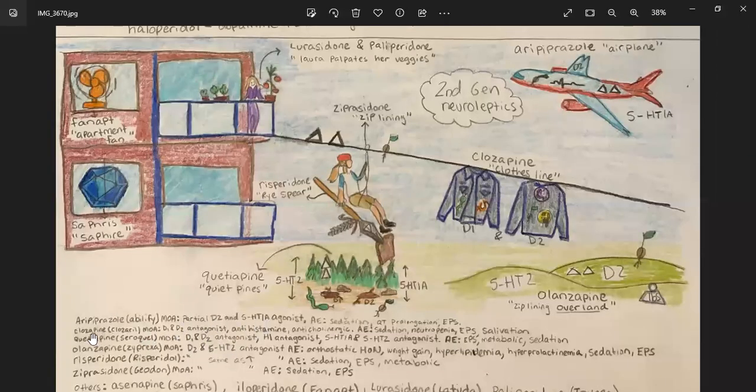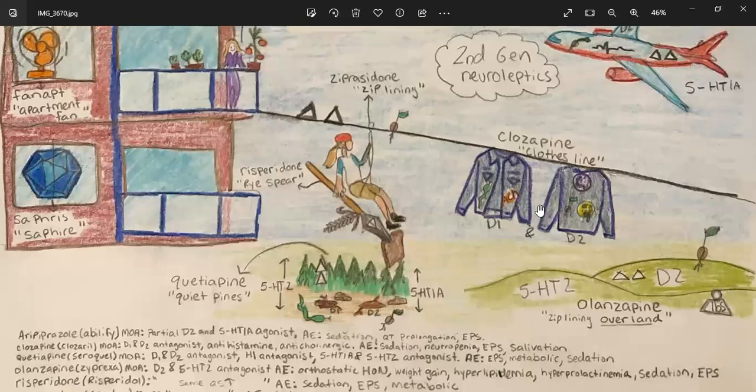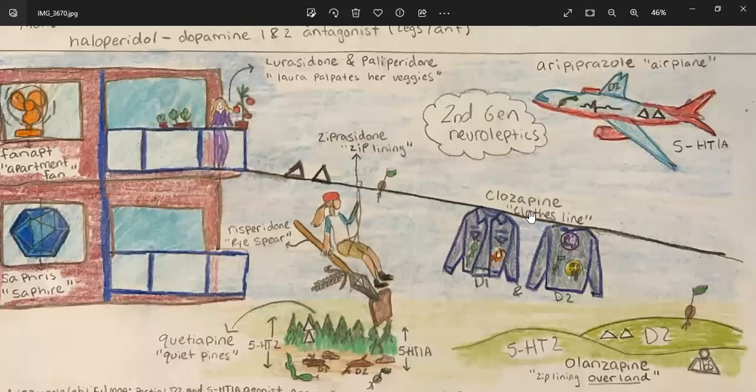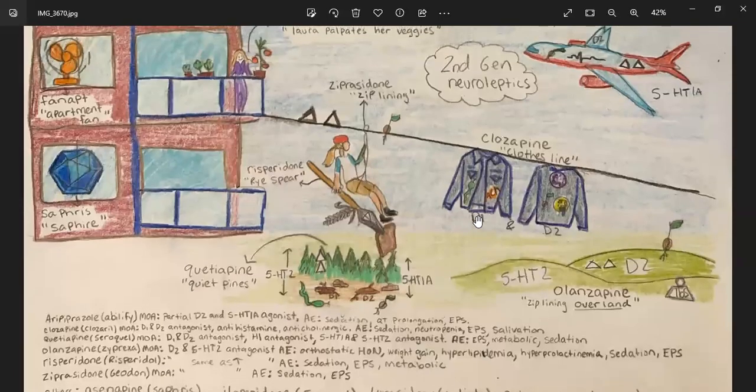And then we have clozapine or Clozaril. And so that is shown here with the clothesline. So clothes for clozapine. And its MOA is that it is a D1 and a D2 antagonist. And so these are denim jackets. We have one denim jacket and two denim jackets.